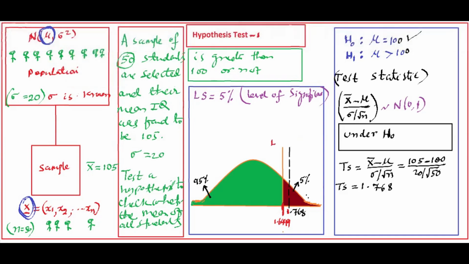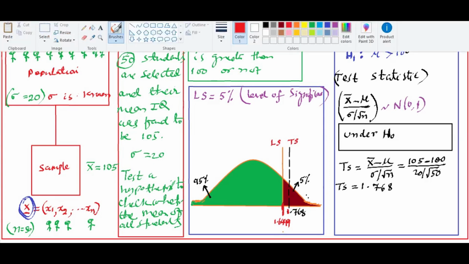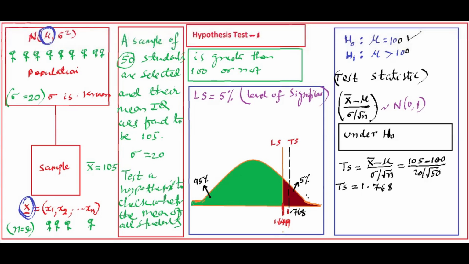This is your LS, level of significance, and this is your TS, statistic. If statistic is to the right of LS, then it's rejected because we said that the left hand side, your acceptance one. This one is acceptance. This is in rejection.